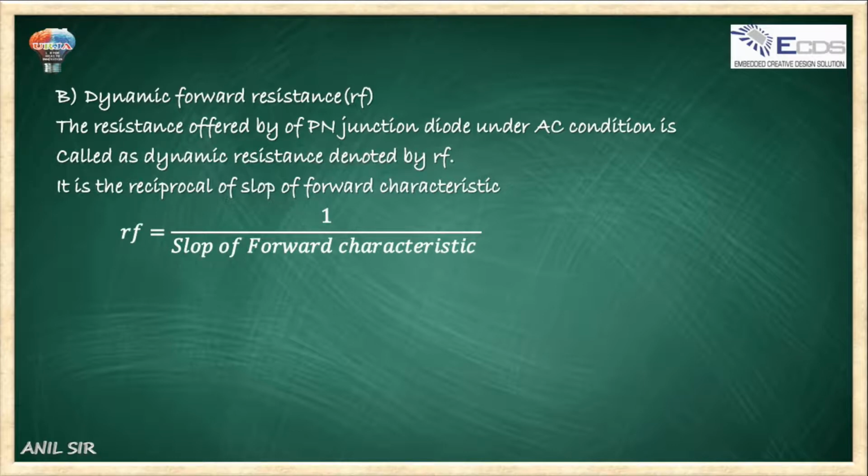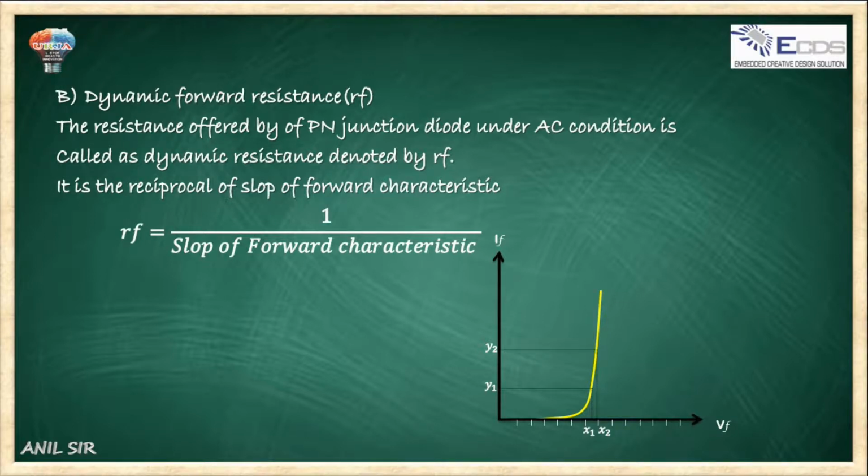So how can you calculate the slope? This way. We again have the characteristics of a silicon diode. Then we consider two points, y1 and x1, this is point 1, and a second point, y2, and on the x coordinate x2. From this we can find the slope of the forward characteristics.